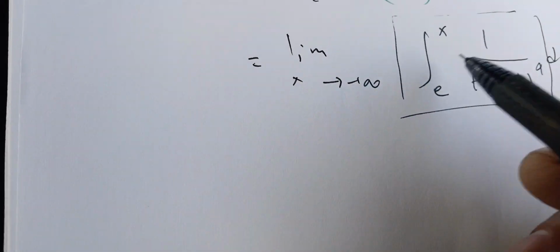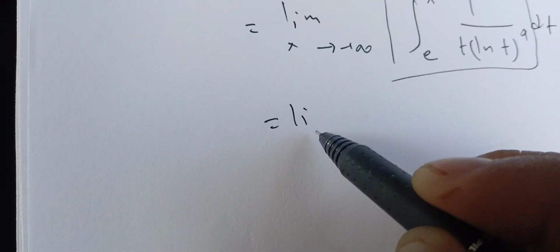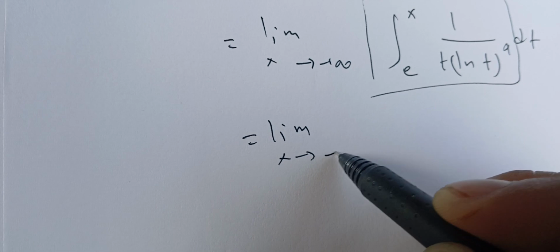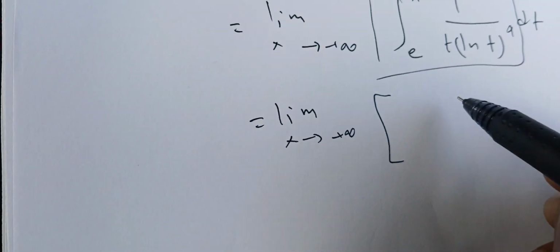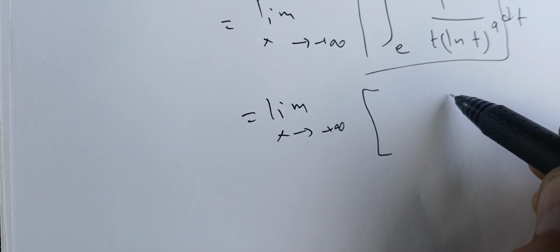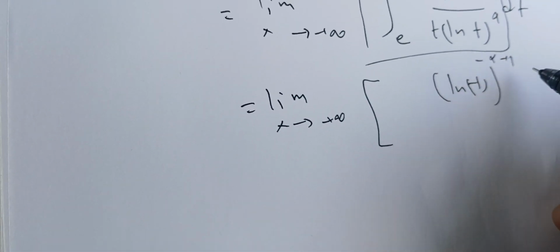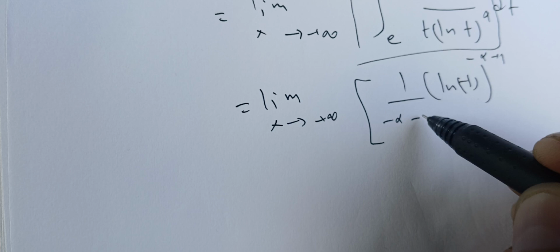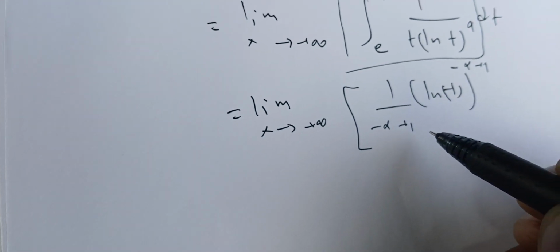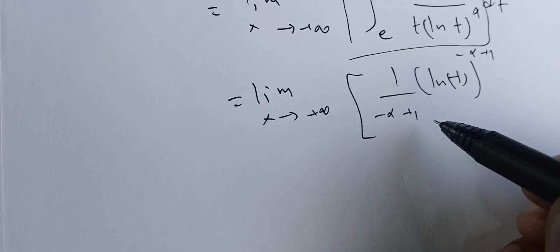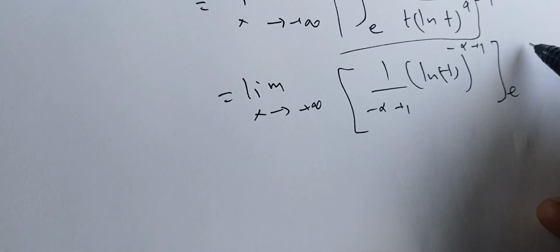So let's see the limit as x goes to infinity. The primitive is ln of t to the power minus alpha plus 1, over minus alpha plus 1, between e and x.